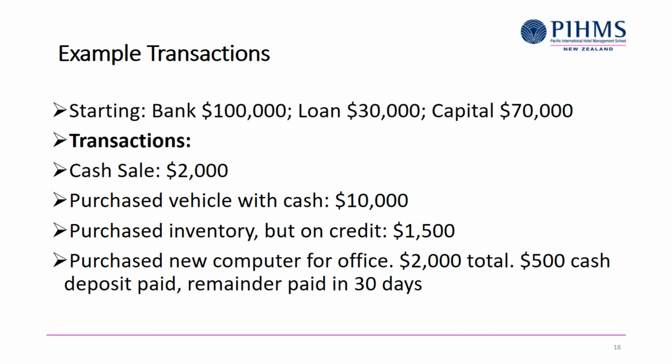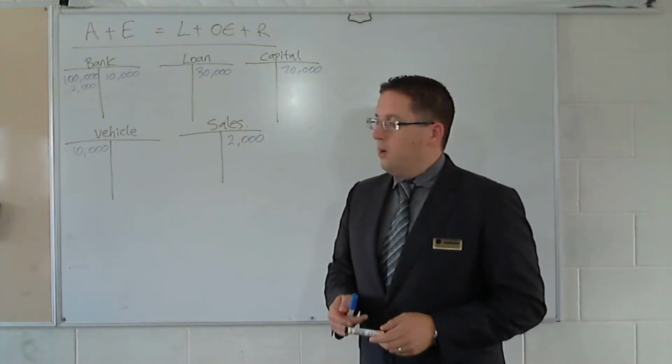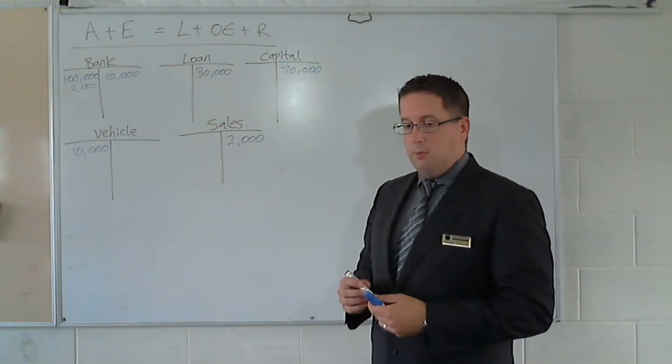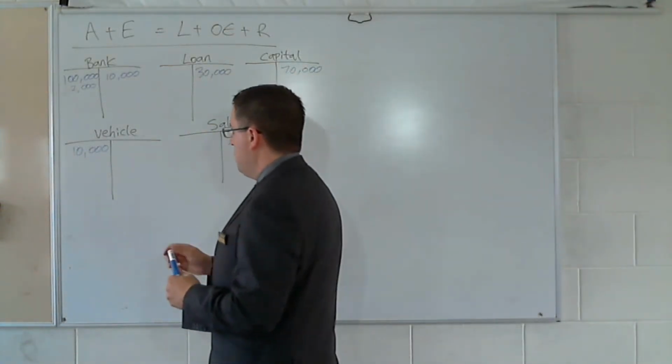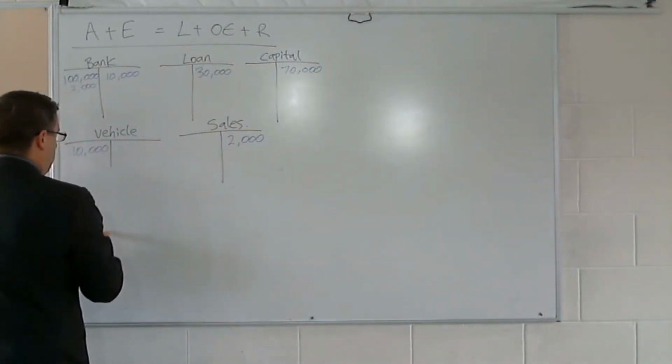Okay, next one, we have purchased inventory, but we've purchased it on credit. So what this means, the word on credit, means we have not yet paid for it. So it's probably going to be a liability account because we haven't paid for it yet. So we have purchased inventory. We need a new T account, one a bit smaller.